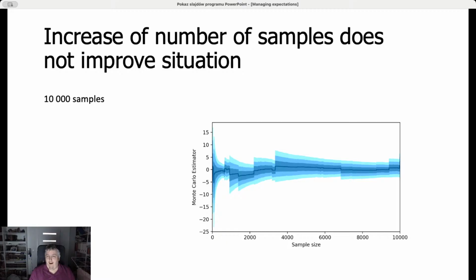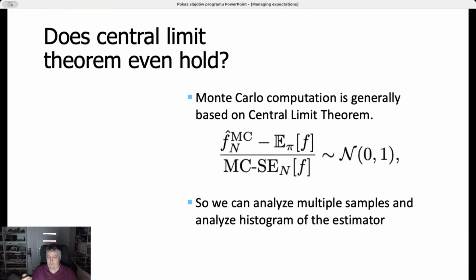Certain events are highly varying, like stock markets, earthquakes, stuff like that. But does the central limit theorem even hold in this case? Well, we are basing our computation on the central limit theorem, and we want to analyze how it behaves.